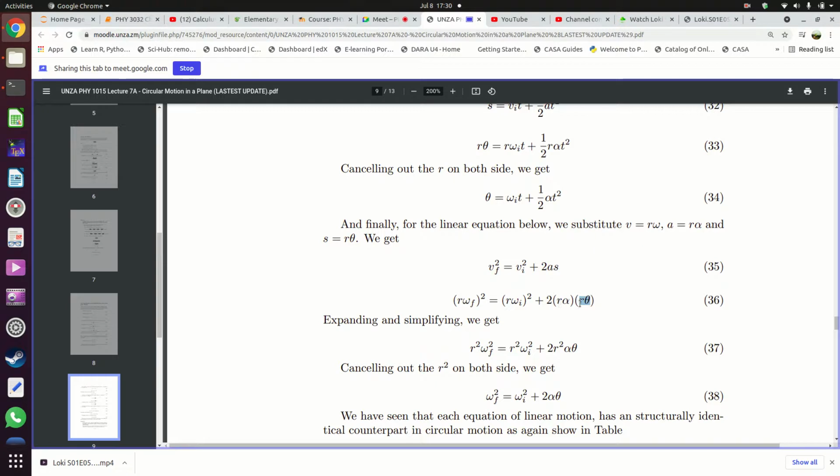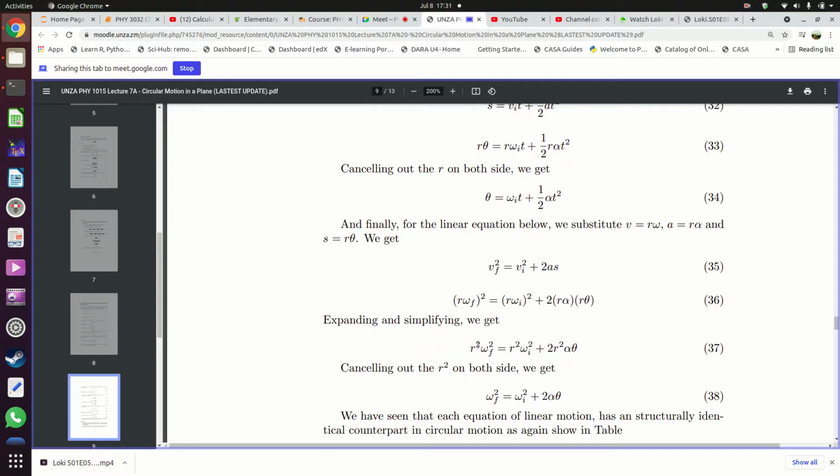Then we multiply. Expanding and simplifying, we end up with r squared omega f squared equals r squared omega I squared plus, this r and this r, they multiply, you end up with r squared. Then there is an alpha and then theta, they end up with alpha theta at the end.